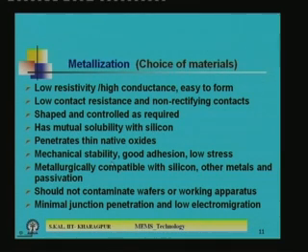Next is the mechanical stability, good adhesion and low stress. Good adhesion is obviously required. Low stress, that means you are depositing metal film on silicon. So, silicon, the metal, and this metal film will run on silicon dioxide. So, silicon dioxide, silicon and the metal must produce low stress, because subsequently you may go for a high temperature step for annealing.